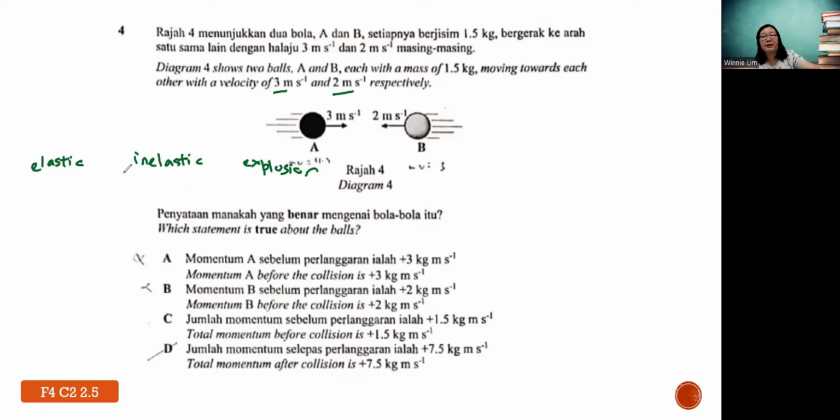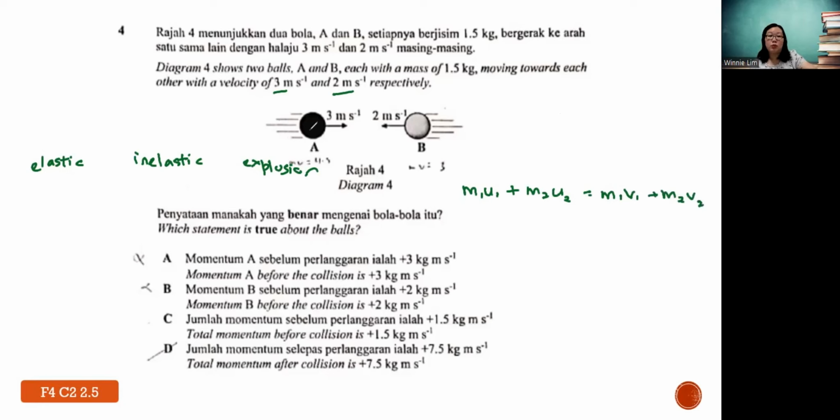Like I said, all these 3 collisions are different because of the scenario after collision, but they all obey the principle of conservation of momentum, with the common formula m1u1 plus m2u2 equals m1v1 plus m2v2.